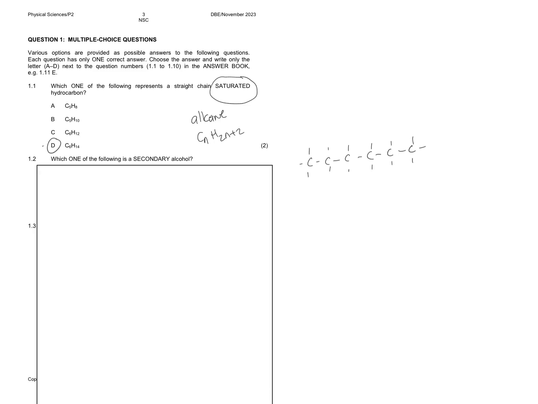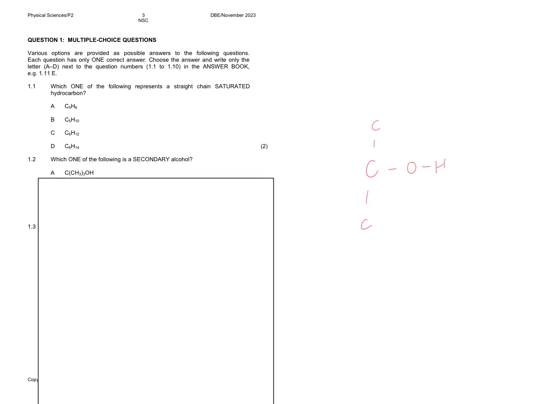Okay, so if we look at the next one, which one of the following is a secondary alcohol? This is maybe a bit more tricky. I think you would have had to study this. But a secondary alcohol, if you can remember, the carbon that the OH is attached to is attached to 2 other carbons. So if we look at our first option, if I draw it, it is a carbon with 3 CH3 stuck on it, and there is an OH on it.